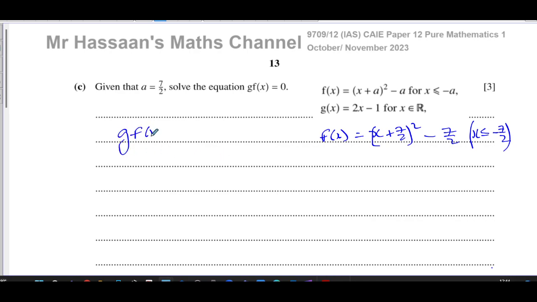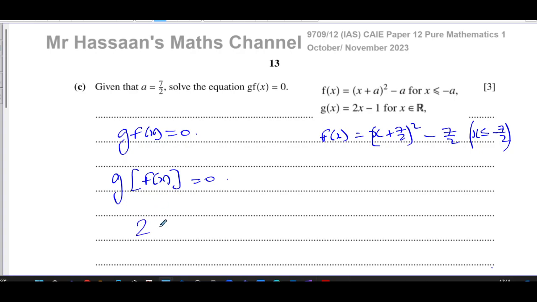That's the function now. So we've got to solve the equation g of f of x equals 0. What happens is you've got to substitute inside function g what function f of x is. So instead of the x in g, we're going to write f of x.